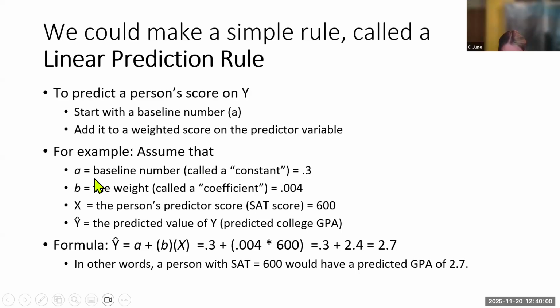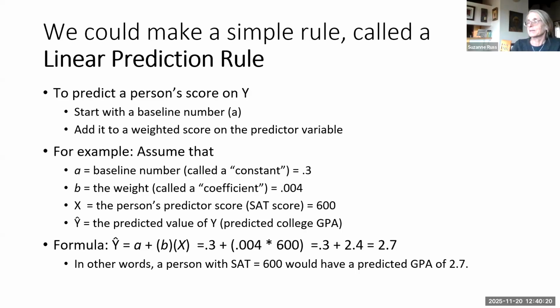Okay. Now, this weight, specifically called B, and this is not something for this class, this is the common word for it. I have it written in a subsequent slide, but it means that for each 1 unit increase in X, how much does Y increase?